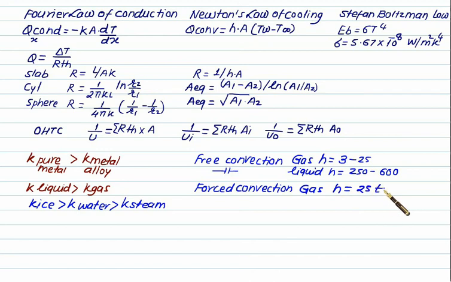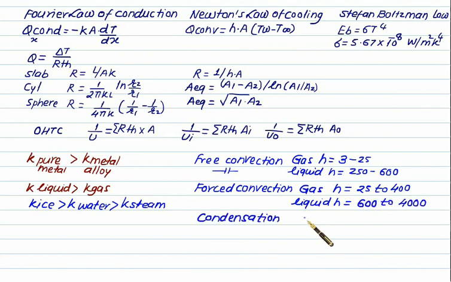This is a generalized range. In the case of liquid, this value increases to 600 to 4000. In condensation, the value is very large, approximately 3000 to 25,000. In boiling heat transfer, the value is highest, 5000 to 50,000.